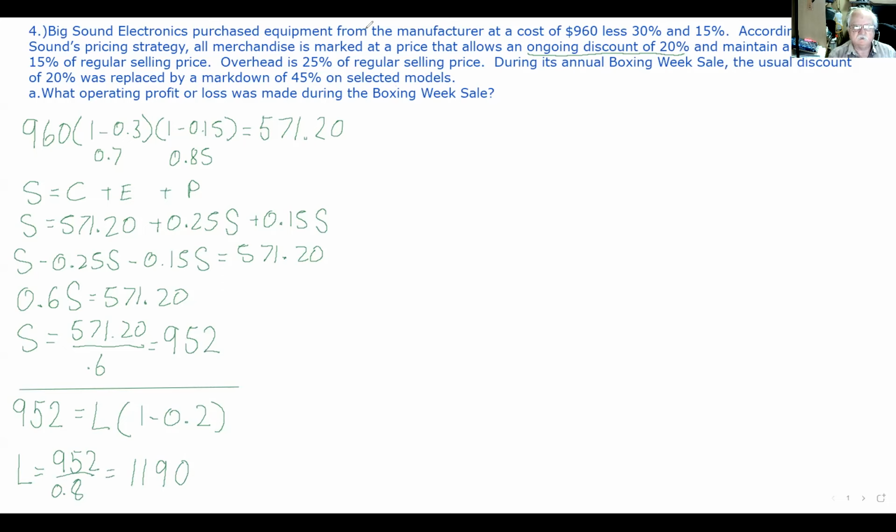So let's find out what they actually sold it for during the Boxing Week sale. 1190 times (1 minus 0.45), so this is going to be 0.55.